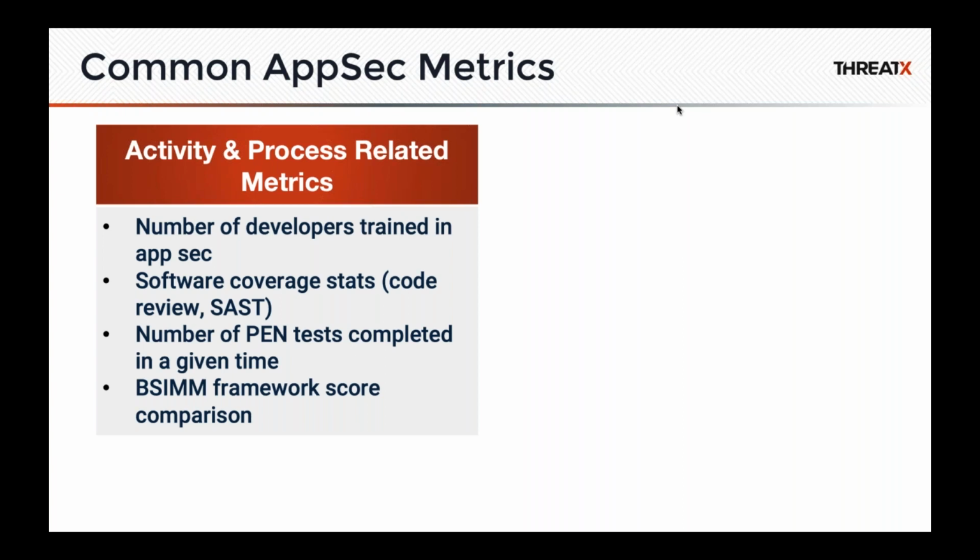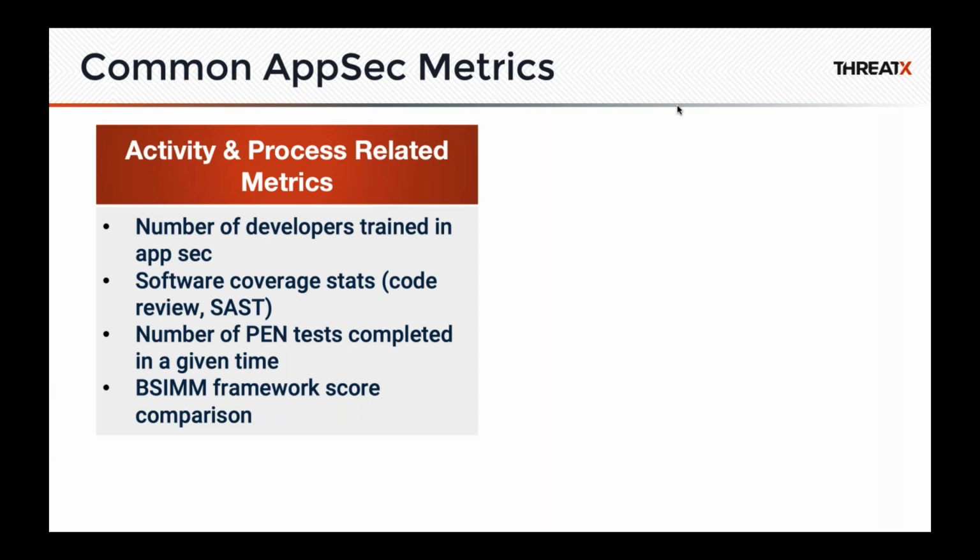And the last one I really like myself is something called BSIMM. I'm not sure how many of you have heard about BSIMM before. It stands for Building Security In Maturity Model. It's a set of defined security practices that are updated annually by that group, where you can measure yourself against peer enterprises that have been scored against this framework.